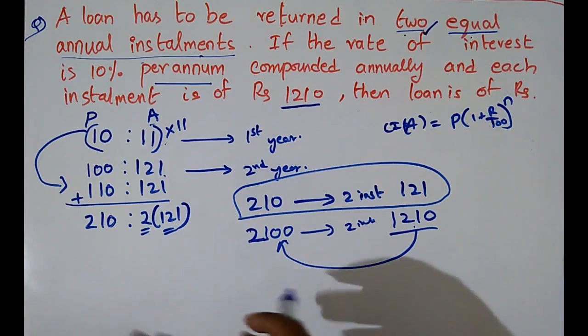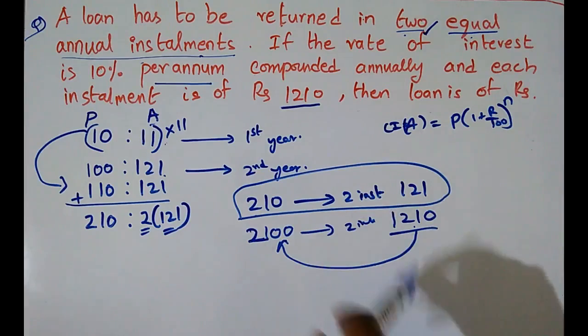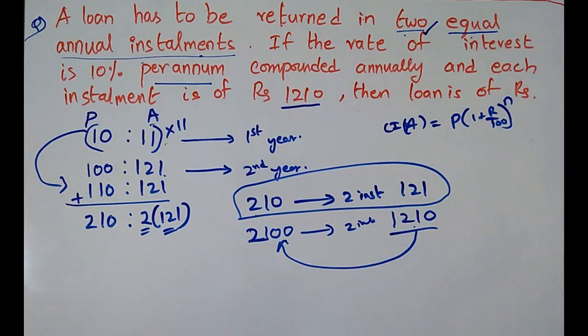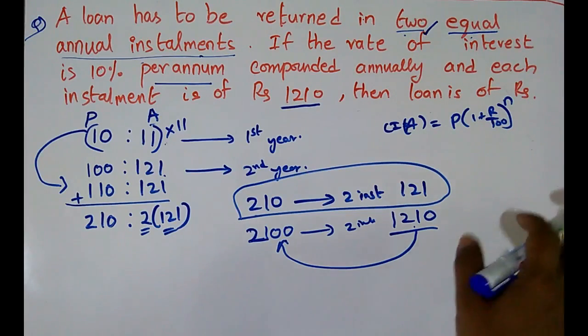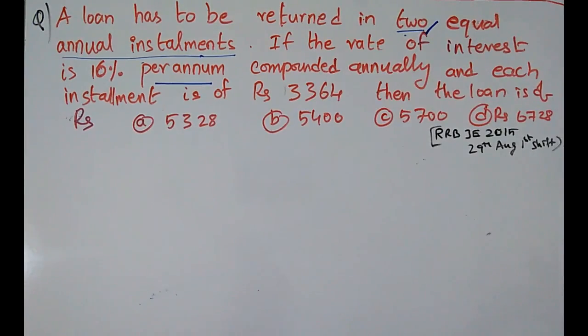So this is a kind of reverse engineering, rather than going with the formula, which is always a failure. You will tend to forget the formula, so it is better to do it this way. Let us see another problem. This problem came in RRB JE 2015, 29th August, first shift.